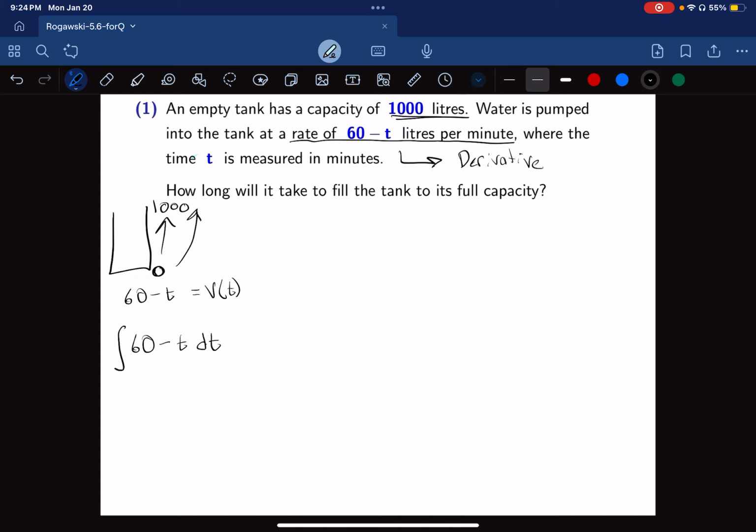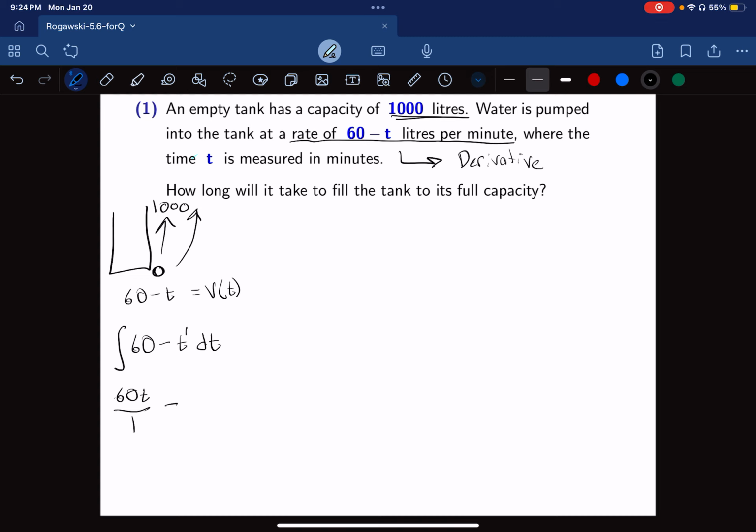Now, we are simply just going to use the power rule twice. One for the 60 and one for the minus t. So 60 can also be seen as 60 times t to the 0. So in this case, all we're going to do is 60 t to the 1, so we don't have to write that down, over 1. And we know that for this power rule, this is equal to t to the 1.